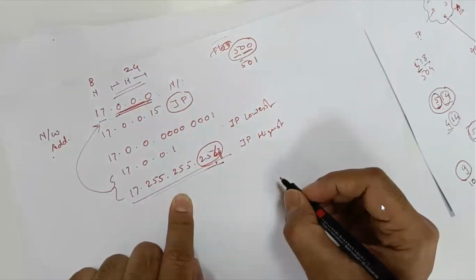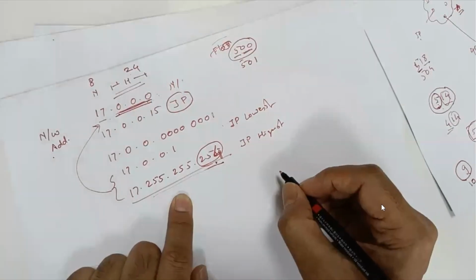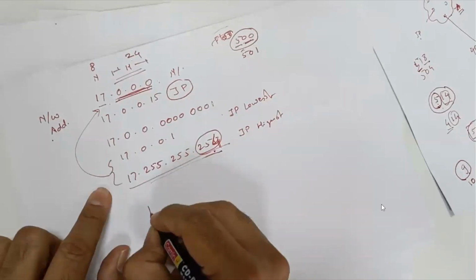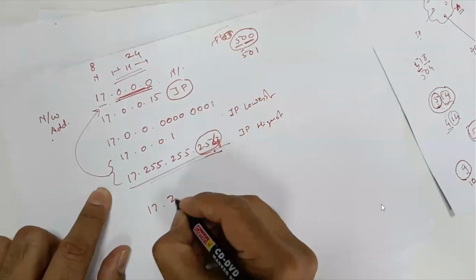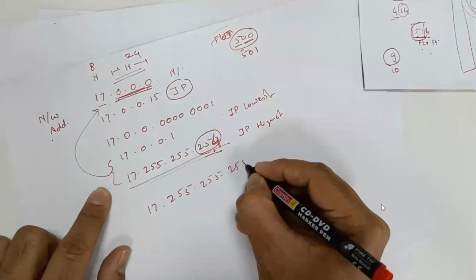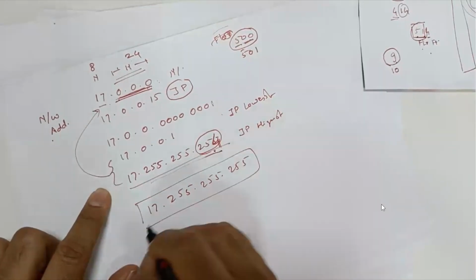Sir, what would the IP address look like if it's a broadcast? The broadcast IP address is 17.255.255.255. This is the broadcast IP address for this network.